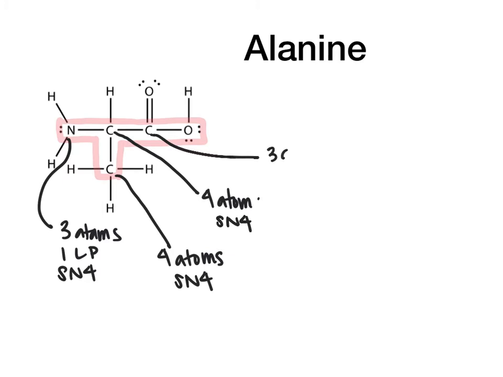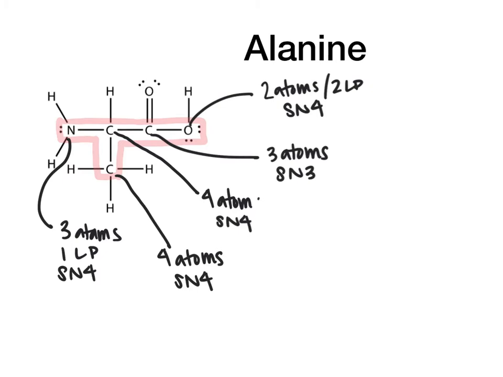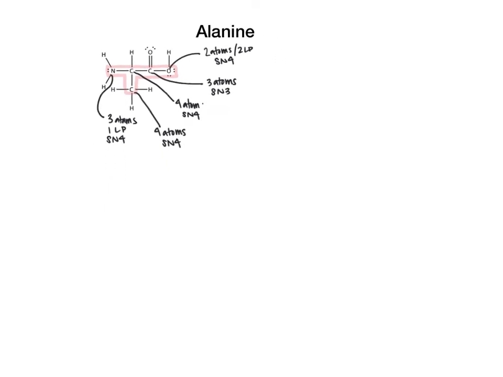This, we have 3 atoms, a steric number of 3. Here, on this oxygen, we have 2 atoms, 2 lone pairs, a steric number of 4. So now we're going to try to look at each group individually and draw that.